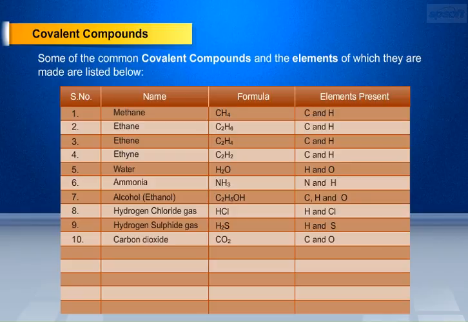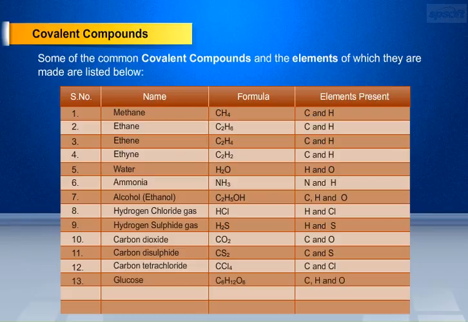Formula of carbon dioxide is CO2, and elements present in it are carbon and oxygen. Formula of carbon disulfide is CS2, and elements present in it are carbon and sulfur. Formula of carbon tetrachloride is CCl4, and elements present in it are carbon and chlorine.